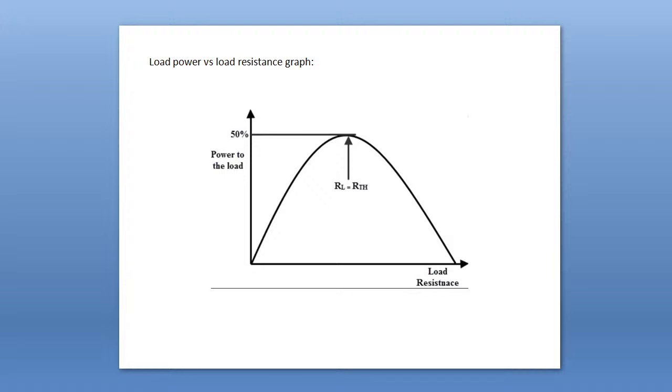So therefore, if we consider load resistance equal to Thevenin resistance in real time or real circuit, then the circuit will get damaged due to heating effect. Everyone, please note down this point.